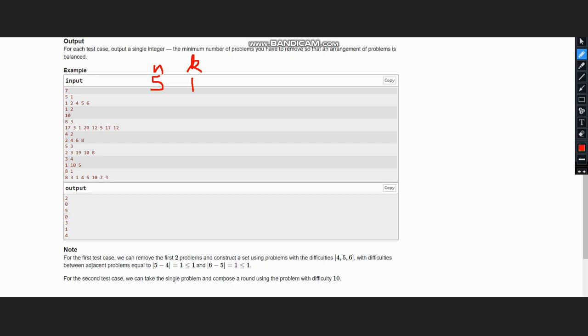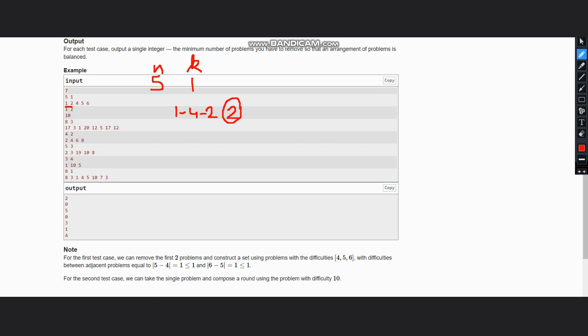Now if you take the difference of the first two elements, it would give us 1, and as our k is 1, it is valid, so we can keep these elements. But as we go further to 2 and 4, we see that 4 minus 2 gives us 2, which is greater than k. So hence we can't keep both 4 and 2.